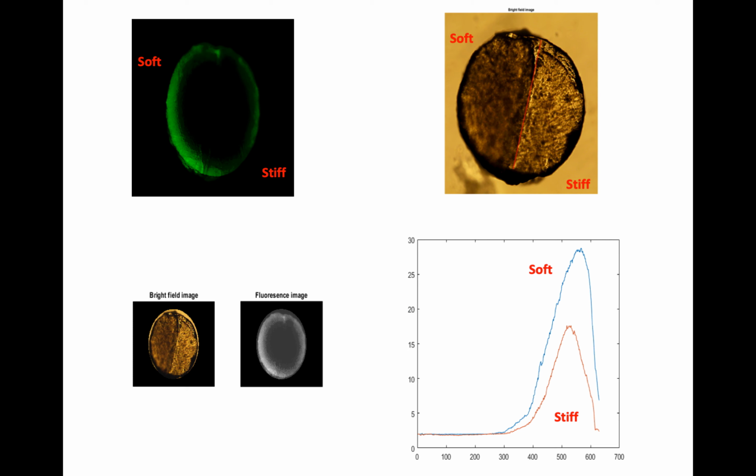Also, in order to find a better result, I also try to integrate a soft part and a stiffer part in one pillar. So the method I was using is just to use a black silicon cover, to apply silicon paper to cover half of the pillar and get different stiffness on the same pillar.